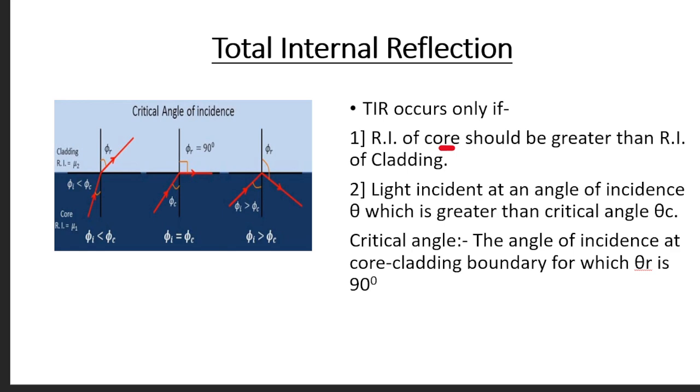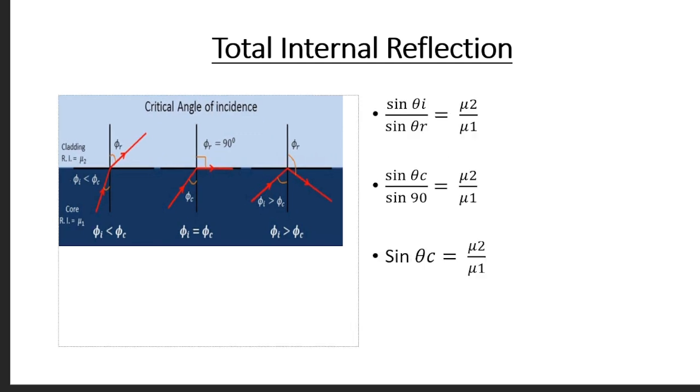That means mu1 should be greater than mu2. And the second condition is that the light is incident at an angle of incidence theta i greater than theta c. That means the angle at which the light ray is incident should be greater than the critical angle. So this is total internal reflection.